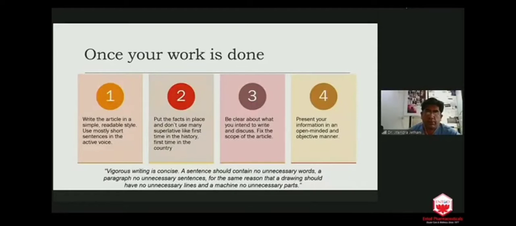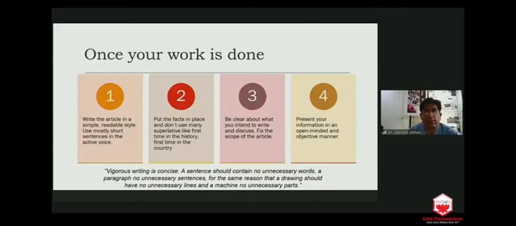So once your background work is done and you have the research protocol, how do you actually put it in words? To begin with, you have to write the article in simple language so that your audience, and before the audience, the editor and the reviewers, can understand it.